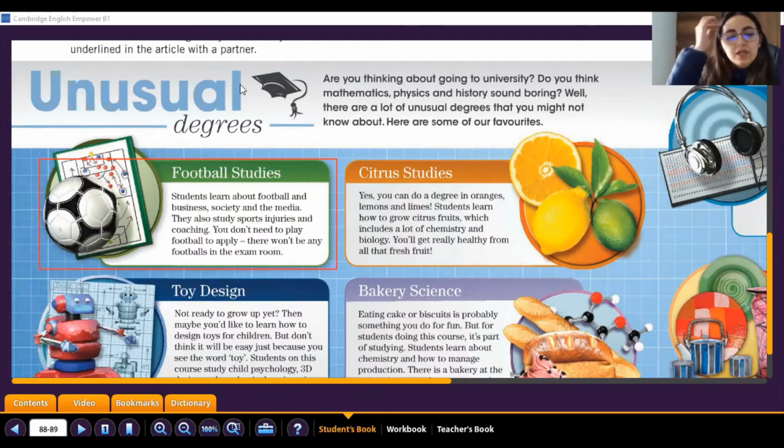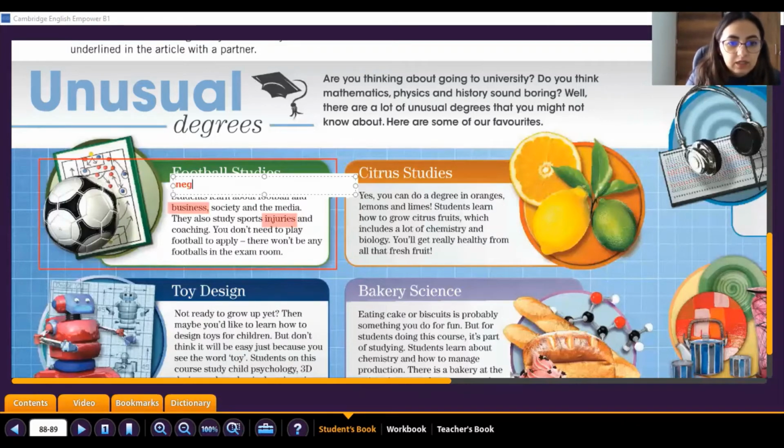Exactly. Thank you. So here we have a few new words, I think. According to the reading, what would be the meaning of these words? You already told me about business. What was the meaning of business? Negocios. Exactly. So students learn about football and business, ¿sí?